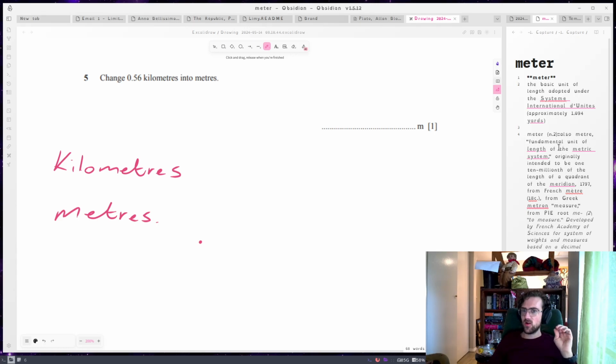Okay, so another definition is it's a fundamental unit of length of the metric system. Ooh, metric system. It was originally intended to be 1/10 millionth of the length of the quadrant of the meridian. Okay, that's where it comes from. And it comes from the French metre, and from the Greek metron, which is to measure, and from the Proto-Indo-European root me, which is to measure. Okay, so that's a meter.